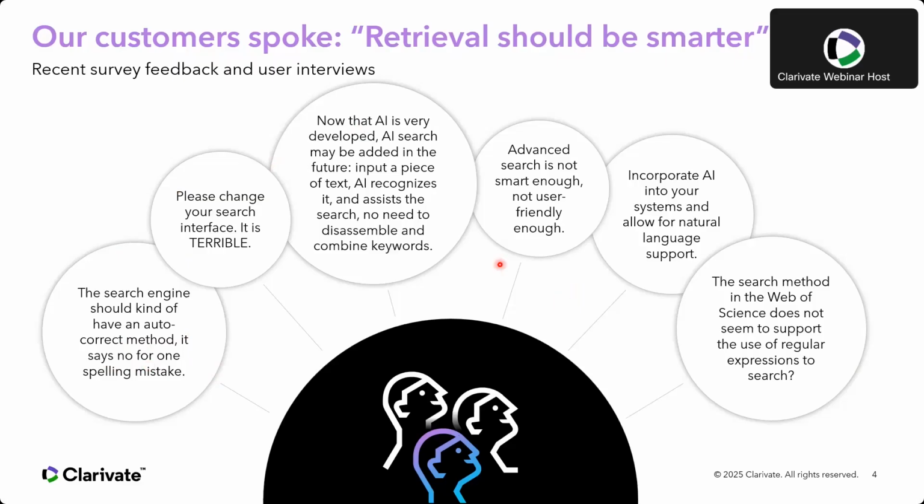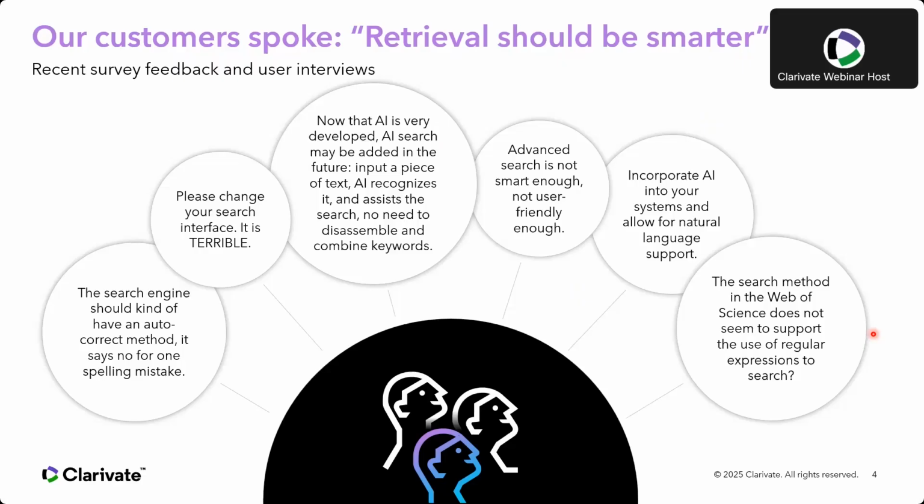No need to disassemble and combine keywords. Advanced search is not smart enough, not user-friendly enough. Incorporate AI into your systems and allow for natural language support. The search method in the Web of Science does not seem to support the use of regular expressions to search. So these are a few examples of feedback.